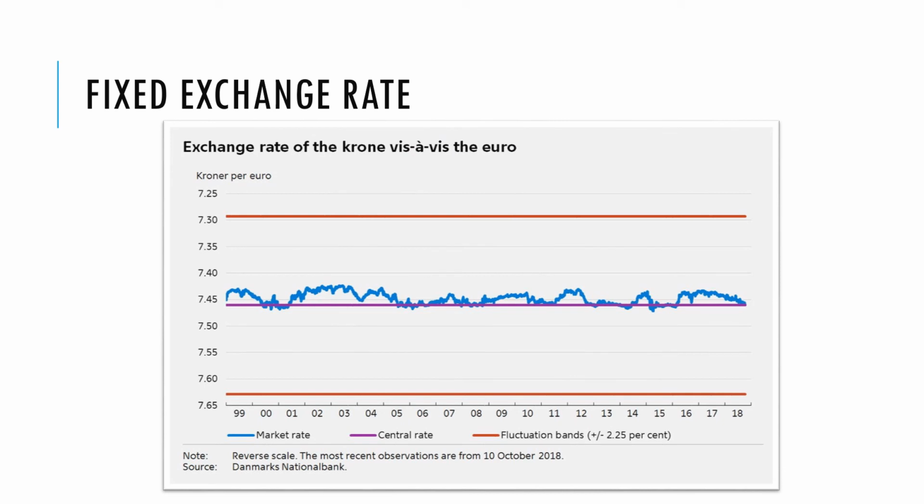Another example of a fixed exchange rate is the Danish krone against the euro. Here are the bounds that the Danish government set that the currency has to stay within, and we can see that generally speaking over time the value has been very tightly fixed against the euro, so roughly 7.45 kroner for 1 euro.